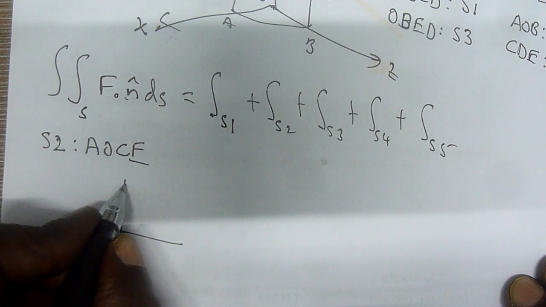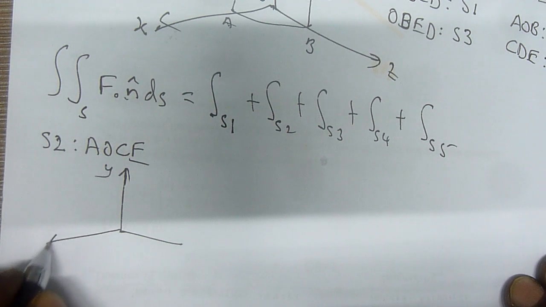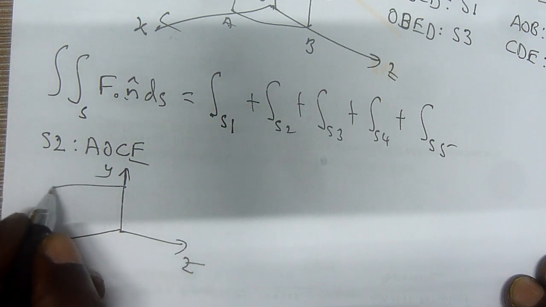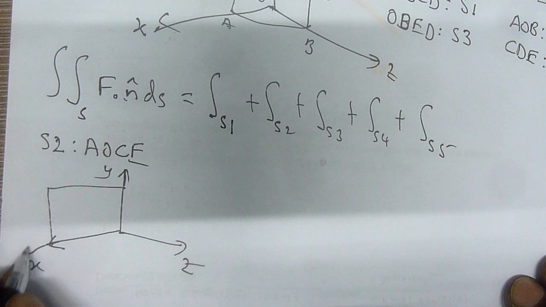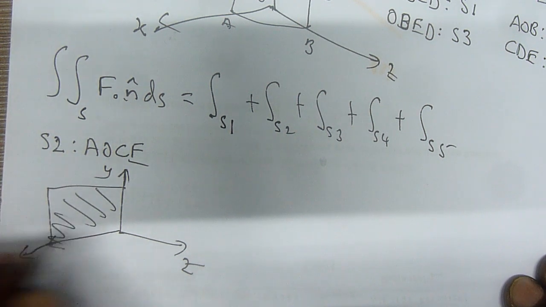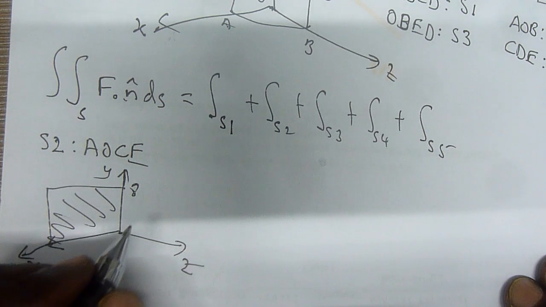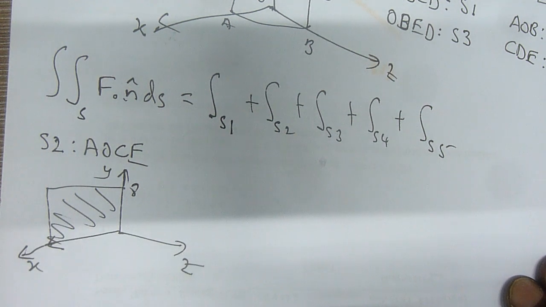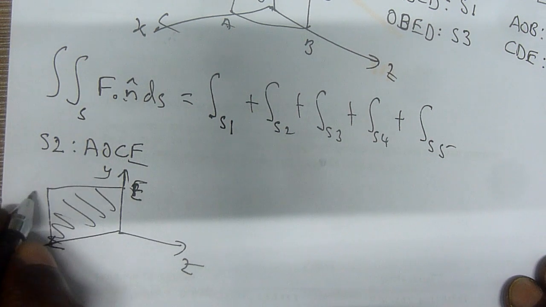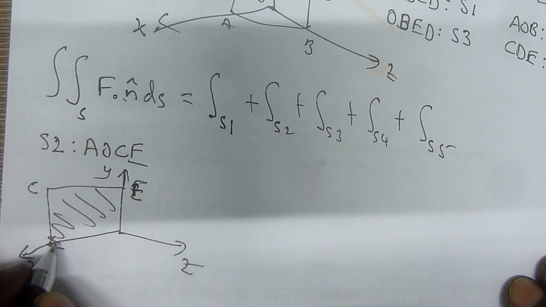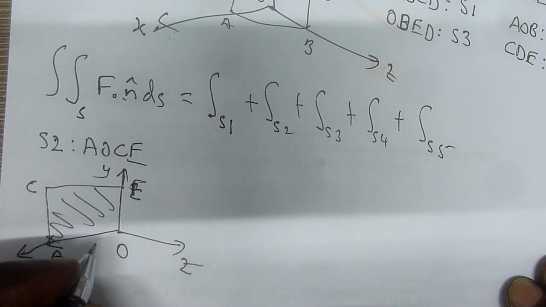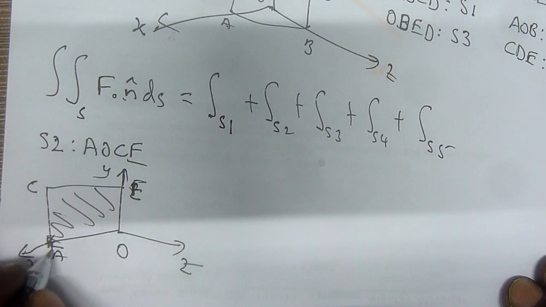This surface is in Y, X and Z. This is the surface, and this is A, and what else we can say about this is E. Let me put it C A O. Then can you find out this?